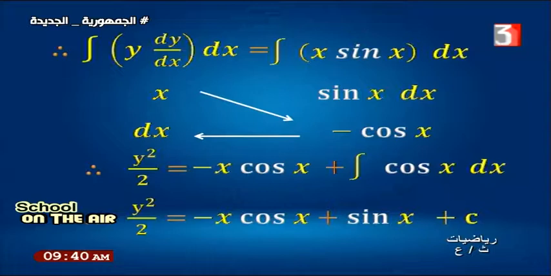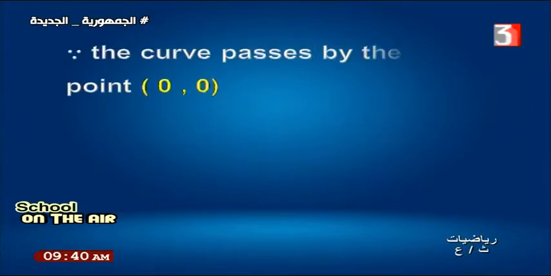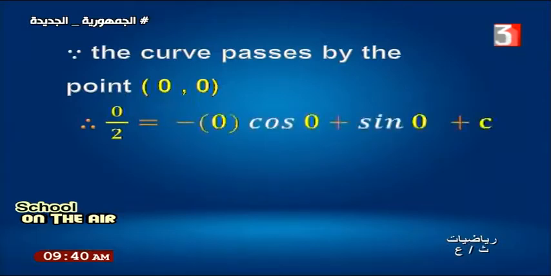What is the value of c? Since the curve of the function passes through the point (0, 0), then 0 over 2 equals negative 0 cosine 0 plus sine 0 plus the constant c.